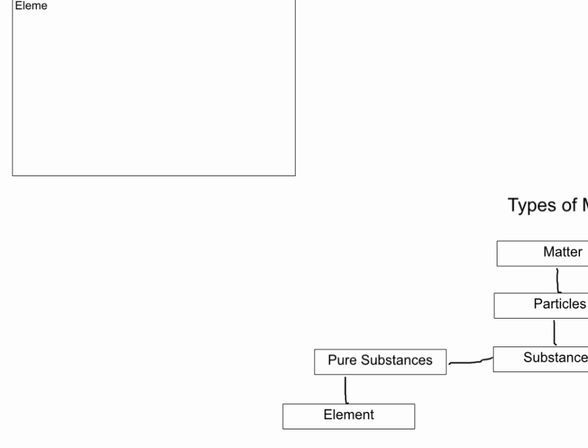Well, an element is a substance that consists of only one type of atom. So an element is a substance that only consists of one type of atom. If you looked at every single particle in that substance, they would all be pretty much identical.